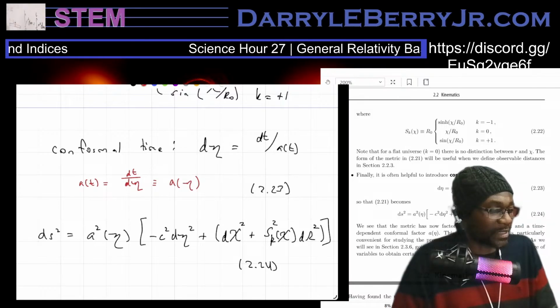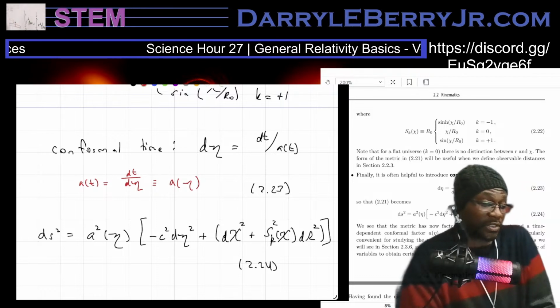We see that the metric has now factorized into a static part and a time-dependent conformal factor, a squared of eta. This form of the metric is particularly convenient for studying the propagation of light, for which ds squared equals 0.